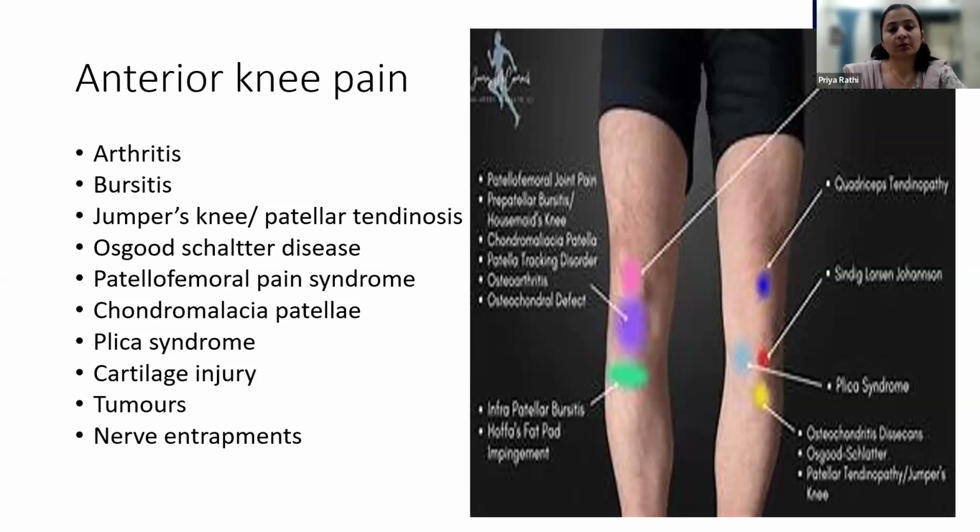Plica syndrome is a condition wherein the synovium overgrows. Ideally, whenever our knee flexes, the synovium gets stretched, and whenever the knee extends, the synovium gets relaxed. So in plica syndrome, there could be impingement of synovium during flexion and extension of the knee because of the overgrowth. It can lead to either anterior, medial, or lateral knee pain. There could be cartilaginous injury, tumors or nerve entrapments.